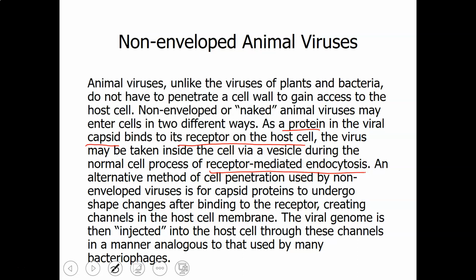Or the capsid proteins can undergo shape changes, creating a channel in the host membrane, and then the viral genome is injected, kind of like what we saw with bacteriophage T4, the bacteriophage that infects E. coli bacteria.